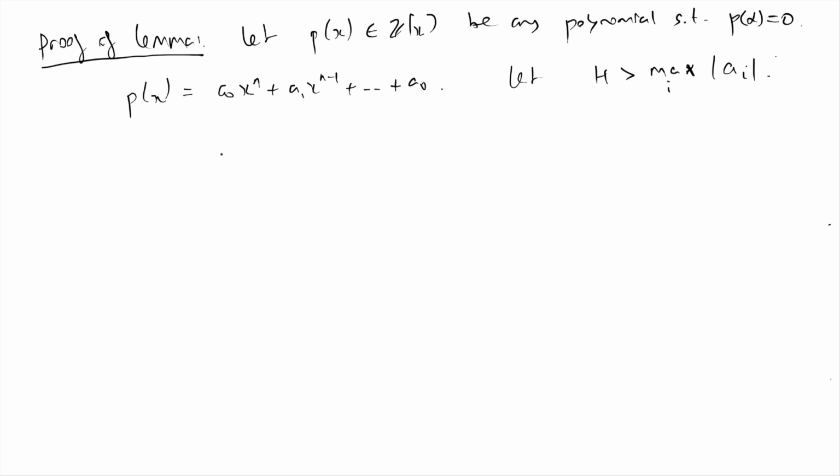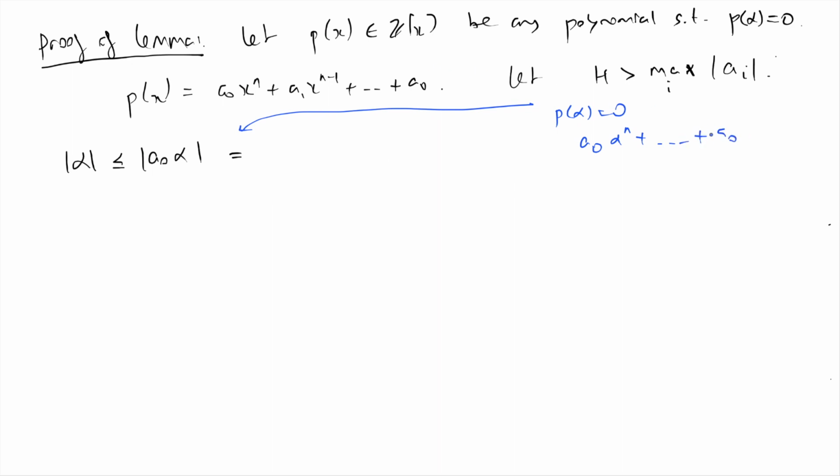Okay, so now I'm going to prove the lemma. What you have to use is that the norm of alpha is of course less than or equal to a0 times the norm of alpha, because a0 is an integer, so at worst I made this thing larger. Now, since p of alpha was 0, I'm going to substitute something else here. I'm using that p of alpha is 0, so that a0 alpha^n plus and so on plus an equals 0.